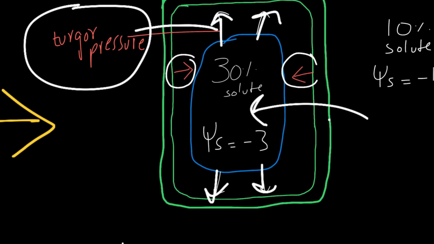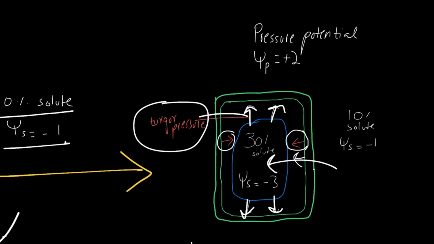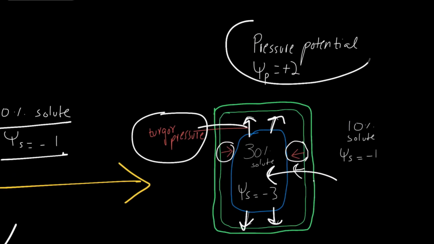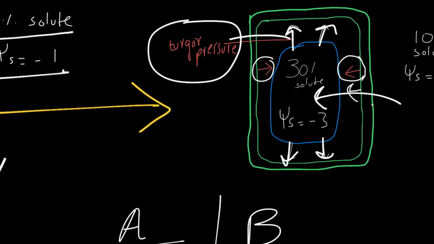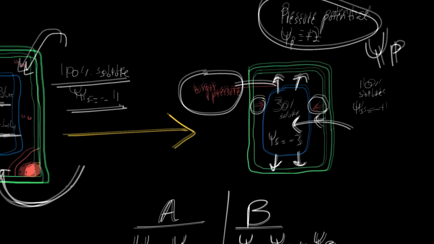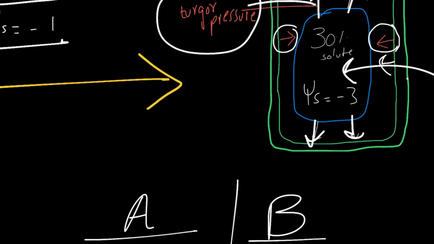This is the pressure that the wall exerts back, and this is what is used as the pressure potential. So as we've learned pressure potential in the last video, the turgor pressure is applied by the vacuole, and the pressure potential is applied by the wall pressure, right?